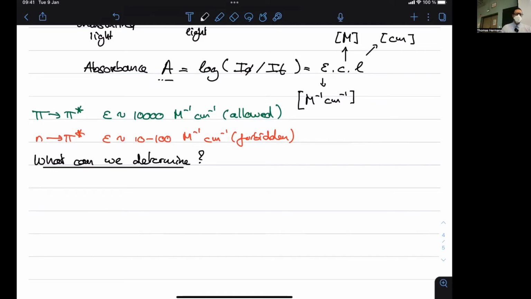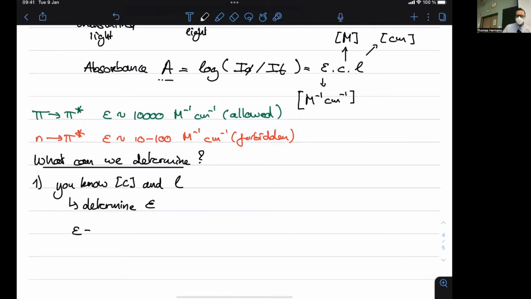And so there will be exercises, and they have different types. So one would be, you know the concentration and the path length, and you have to determine the absorption coefficient, right?